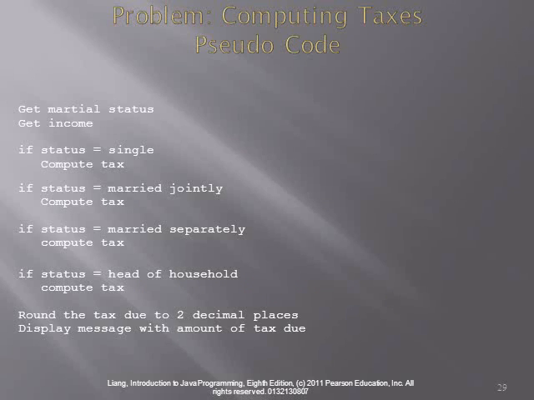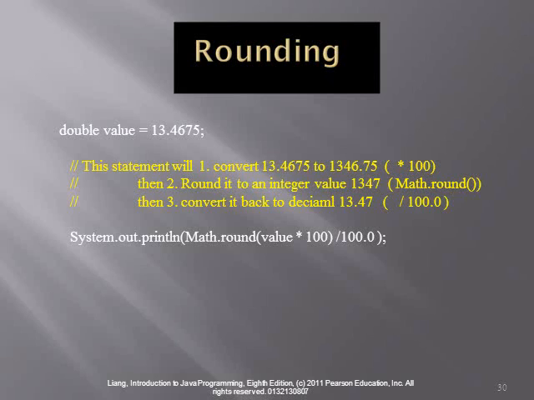So just before we display the tax due, the last thing we need to do is to understand how to round the tax due. Uncle Sam wants every last penny. So the method that we've been using with converting a decimal number to 2 decimal places does not do rounding. So the next slide we'll take a look at some code that will do the rounding.